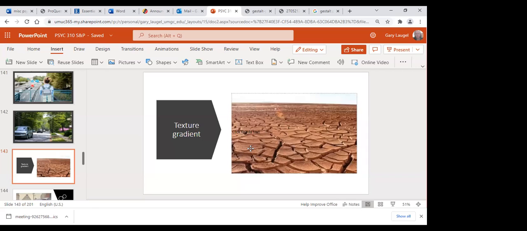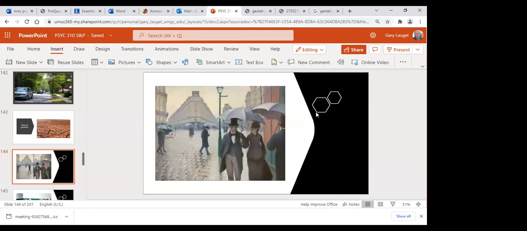This looks like a sun bleached arid landscape, and notice that it forms a texture gradient. The little pieces of the composition that form the gradient get smaller. The ones that are close to you appear quite a bit larger on your eye, but as you fade into the distance, they get smaller, like bricks on a brick road.